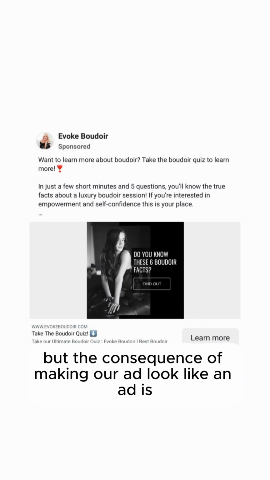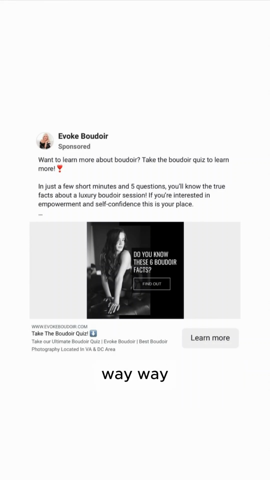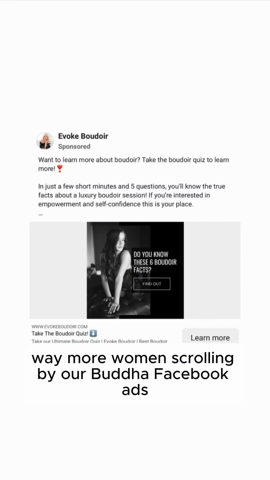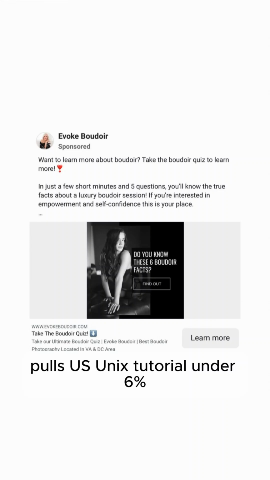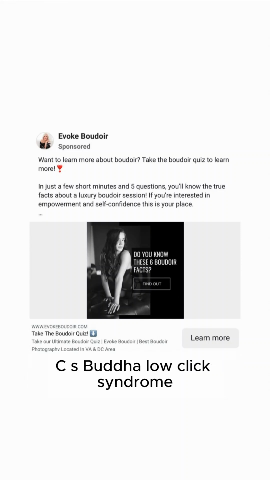But the consequence of making our ad look like an ad is way more women scrolling by our Boudoir Facebook ads than necessary, and that pulls our unique CTR all under 6%, and it actually contributes to BLCS, Boudoir low click syndrome.